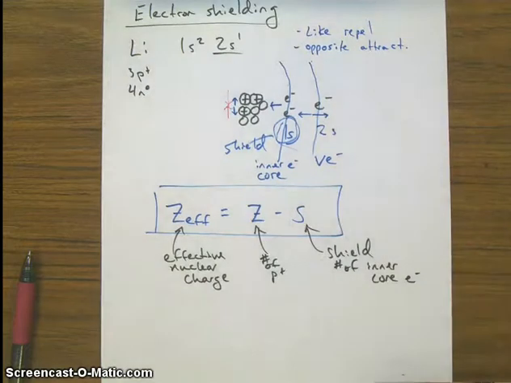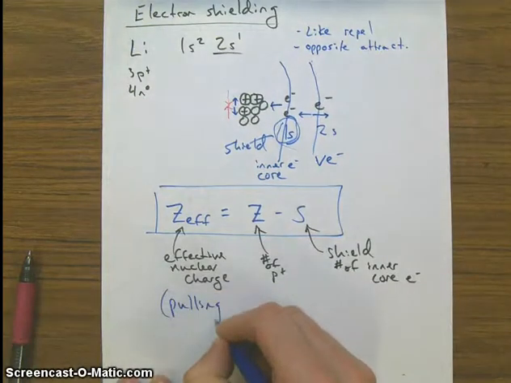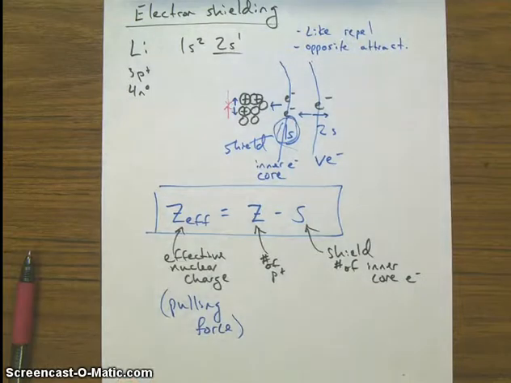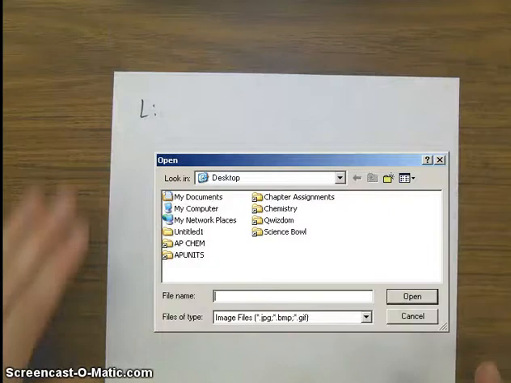So let's do a comparison between lithium and another element to see which one is going to have a stronger, more effective nuclear charge. Now, let's remember that the effective nuclear charge is our pulling force. That's that pulling force, pulling the electrons in, the positive pulling in the negative because they're opposite charges.